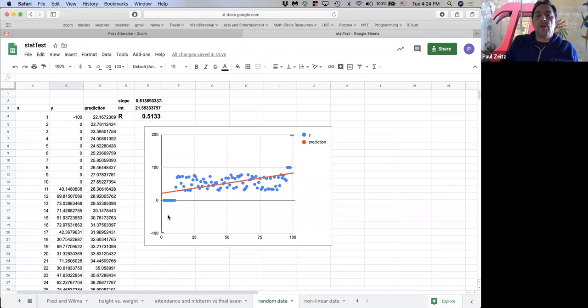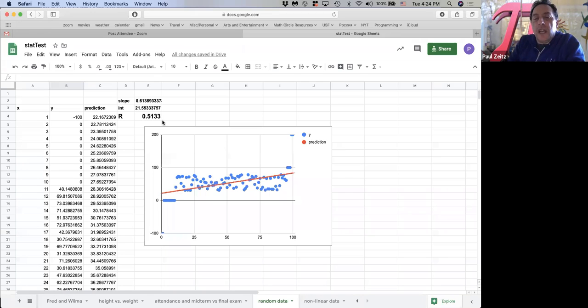All right, so what we have is a cloud of junk, random junk, and then we have some big values and then some really big values, and suddenly we got a correlation coefficient that's saying we have a pretty good association. But really, we just have nonsense numbers in here, okay?